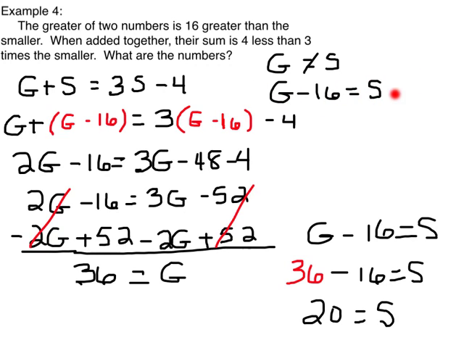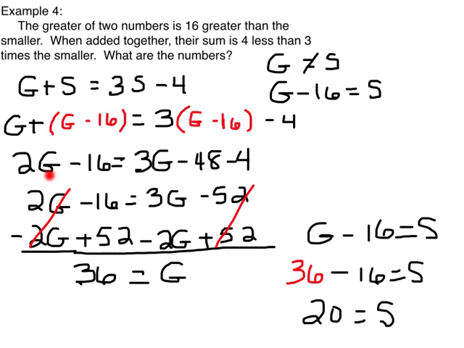Either way, as long as you either take 16 away from this one or add 16 to this one, it's going to work out the same way. I chose to do it like this, and I substituted it right here for S. So we have G plus G minus 16 equals, now we distribute because I substituted this in again here for S, 3G minus 16.